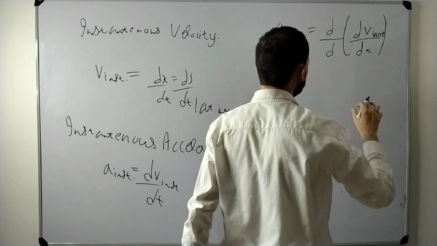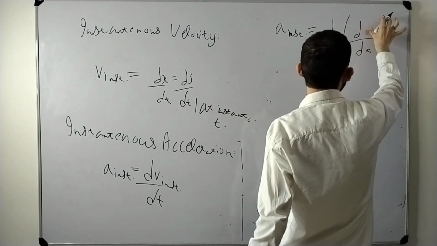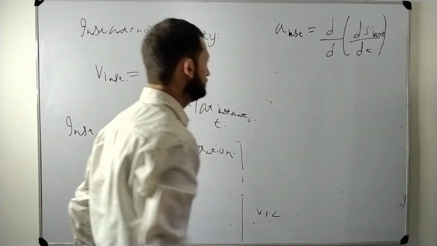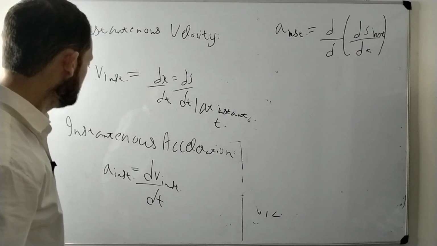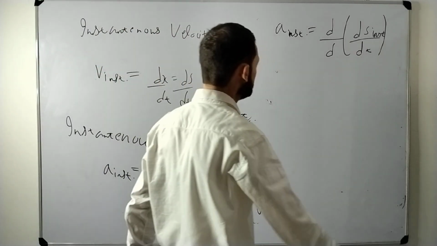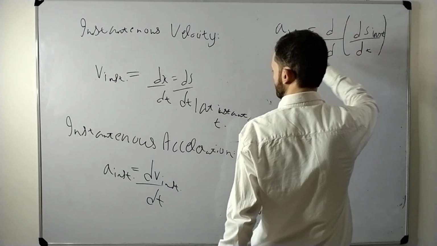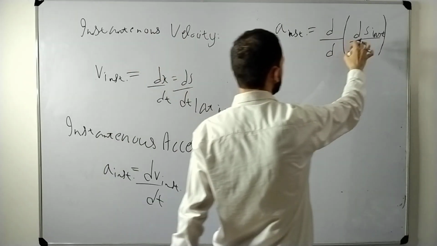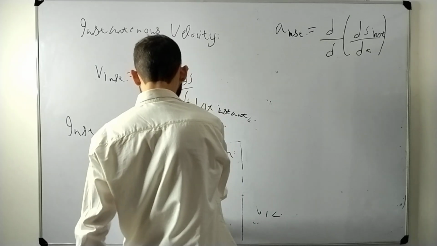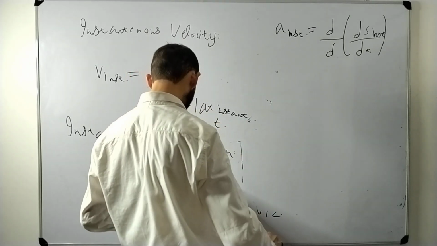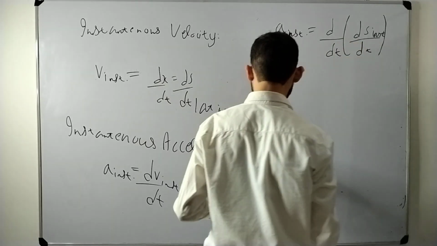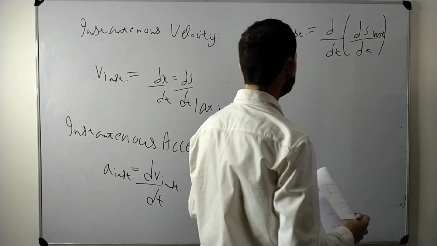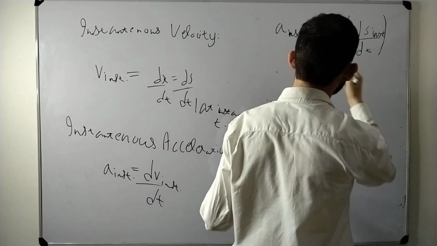What I did, oh sorry, yes, it should be ds. So what I did, I took v instant and put it here. V instant is ds upon dt. I put it here, and dt is here. Yes, dt should come here also, otherwise t square would not come.